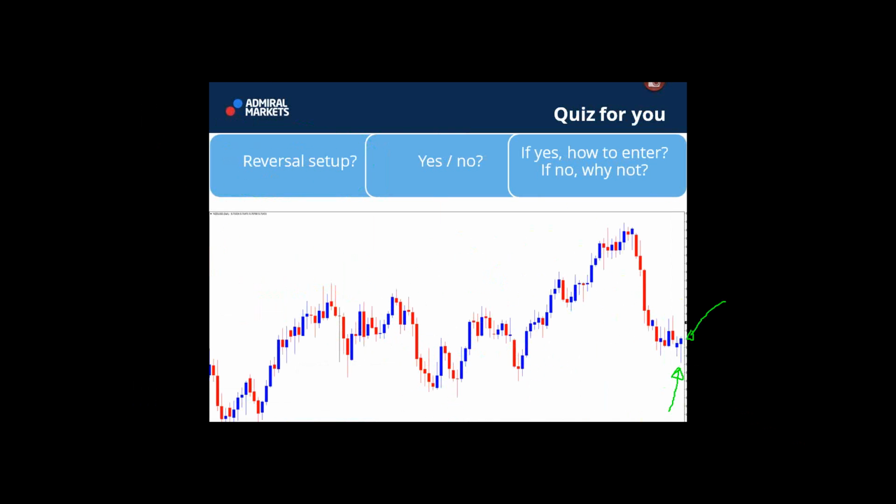It's the very last one on the right. Is that a reversal setup? Yes or no? If yes, and you're in a mood to write, how would you enter? And if no, why not?